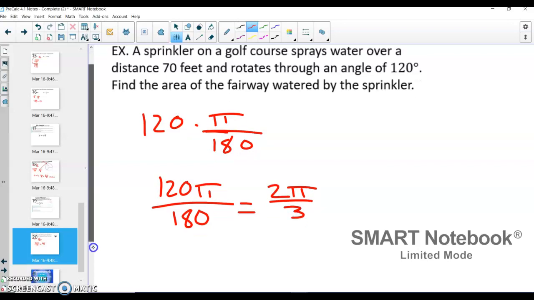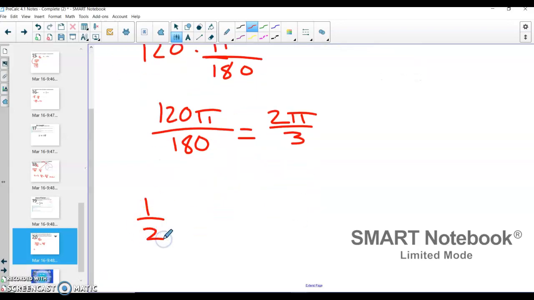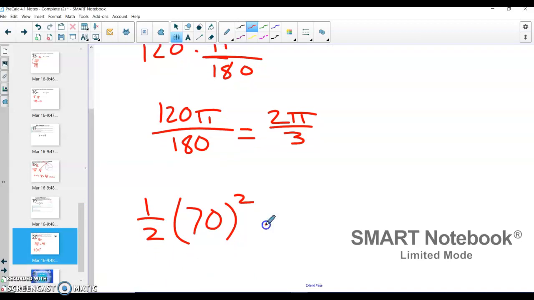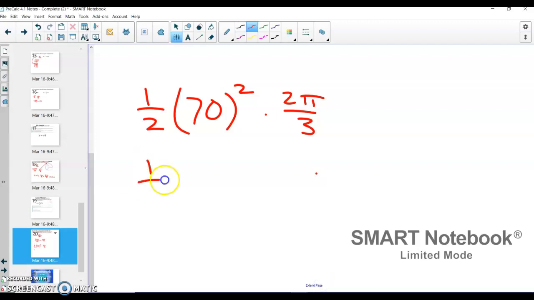So using my equation, I have 1/2 times my radius squared, and that's going to be 70 squared from my 70 feet, times my theta, which is 2 pi over 3. What I am going to end up having here then is 1/2 times 4,900 times 2 pi over 3.